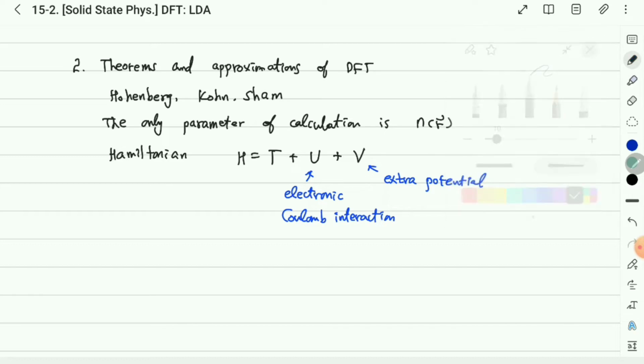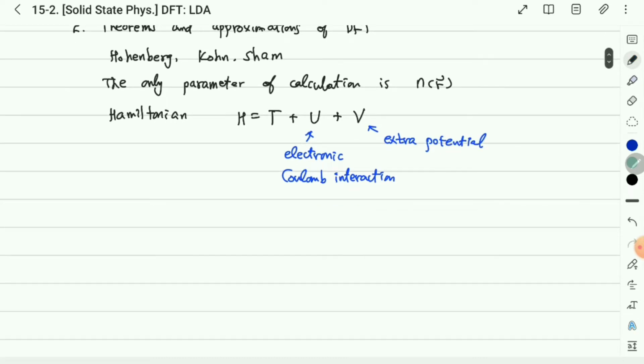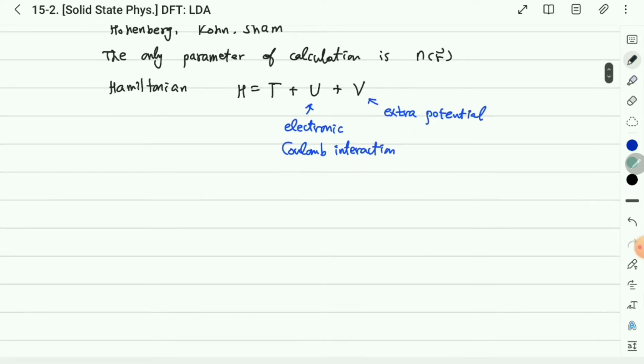The basic principle is the eigenvalue problem H psi_V equals E_V psi_V.